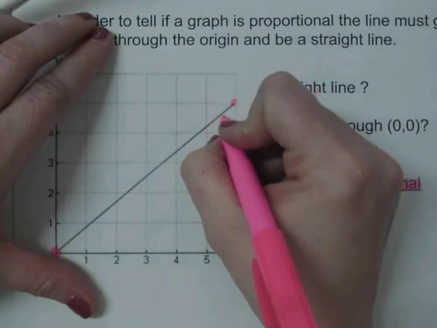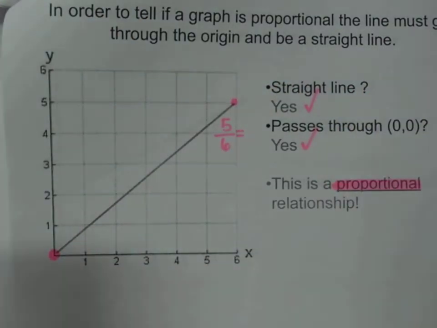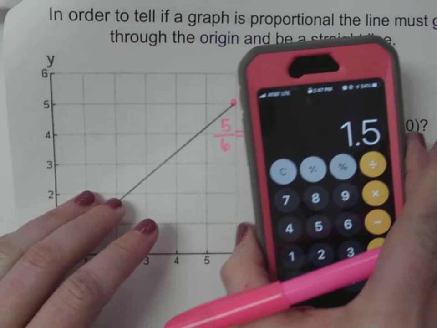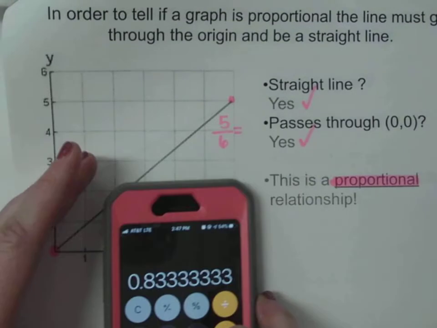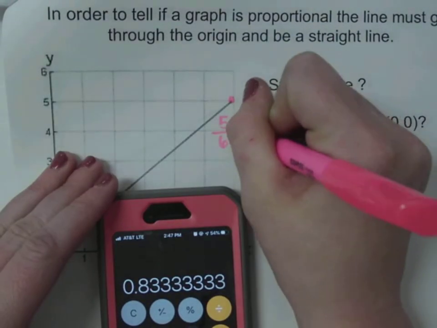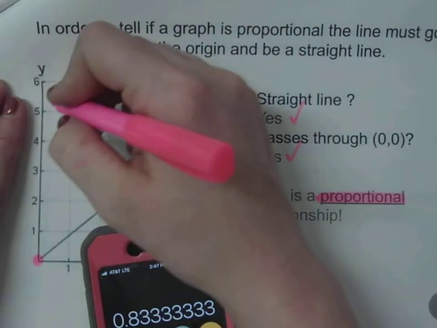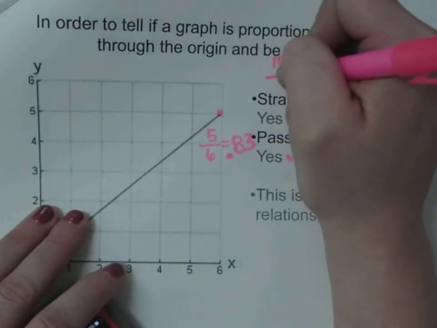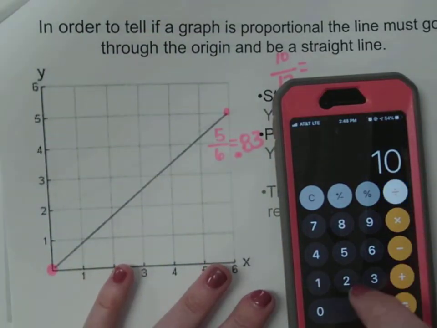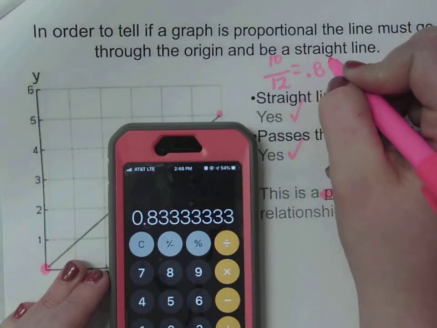So this one would be 5 divided by 6, which is 0.83. And if we continued this same constant rate, it would be up here at 10 over 12, which is 10 divided by 12, the same number, 0.83.